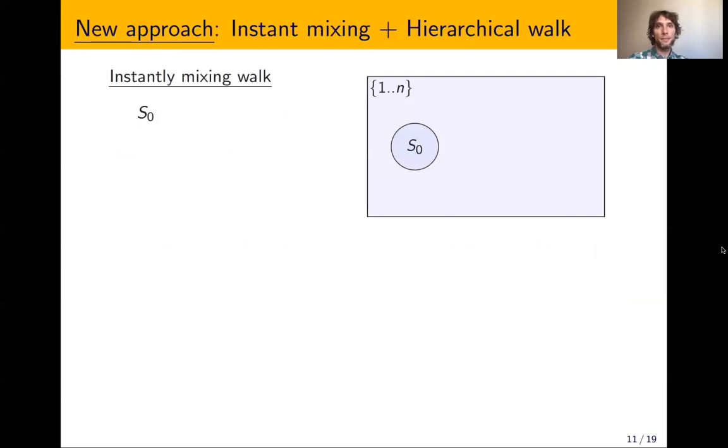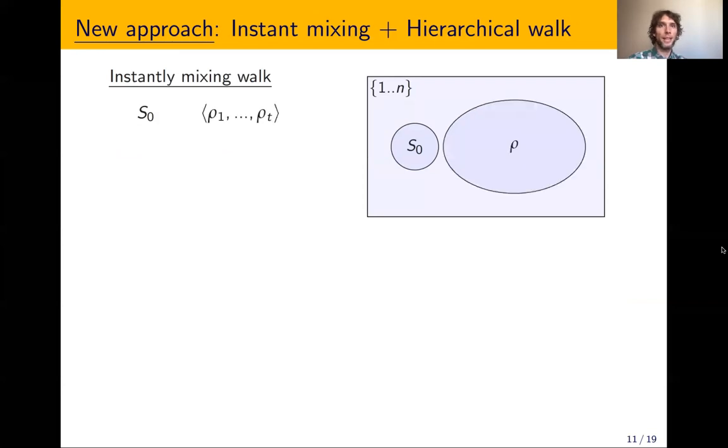We show that, in fact, it can by transforming intermediate sampling into an instantly mixing random walk. Here's what I mean. Suppose that S0 is a state in our state space consisting of subsets of size k. We now sample a large collection of the elements of the ground set.